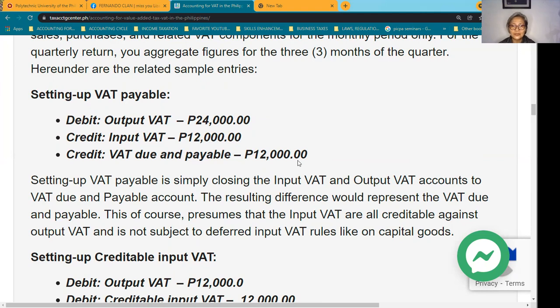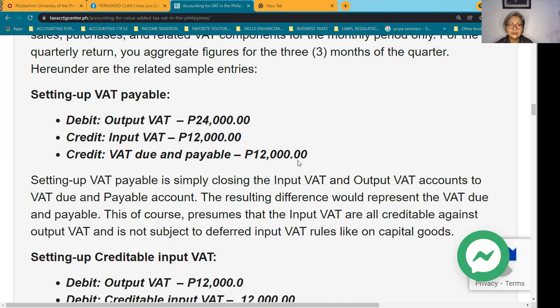Habang bumibili ka, you debit purchases, asset, expenses, and debit input VAT and credit cash or accounts payable.